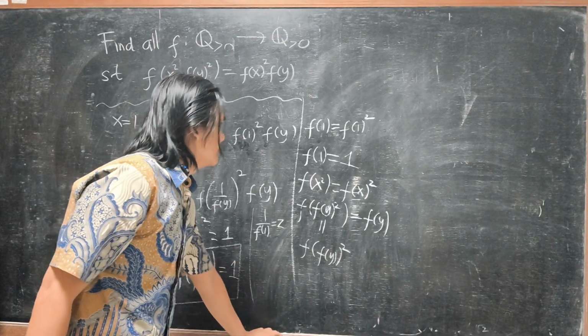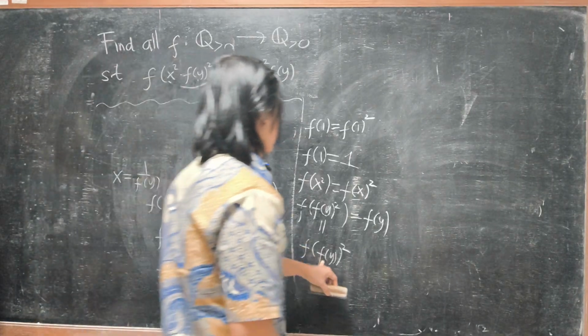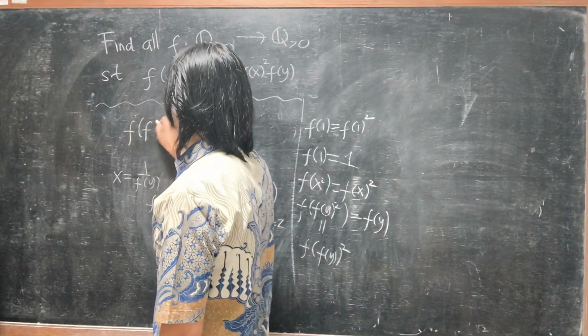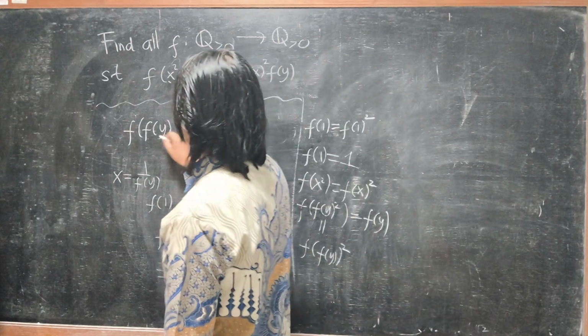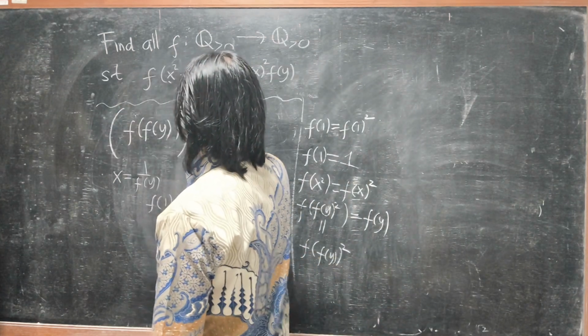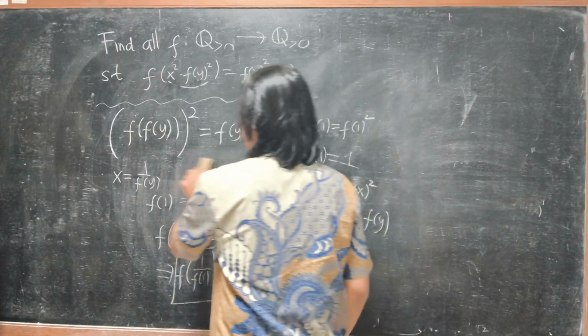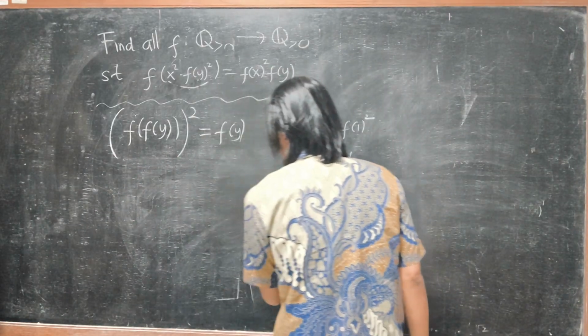Let us put this important equation in a box: f of y squared is equal to f of y. That's what we have for now.